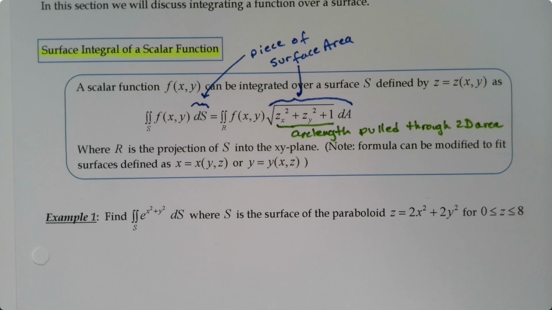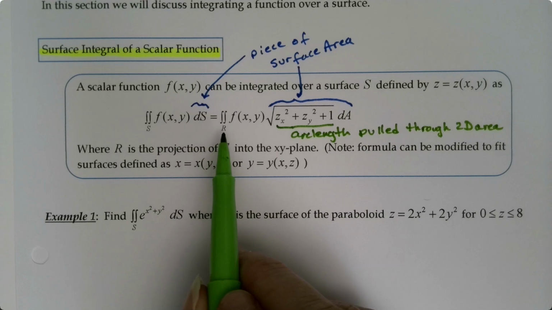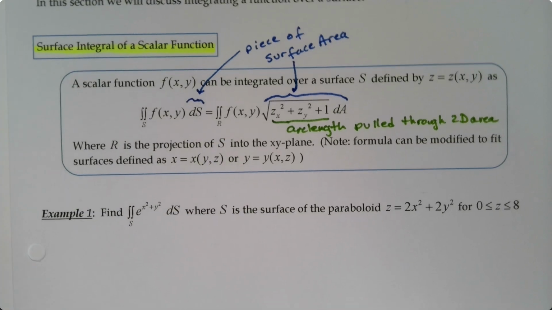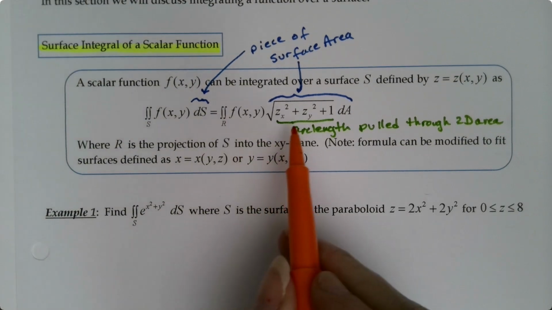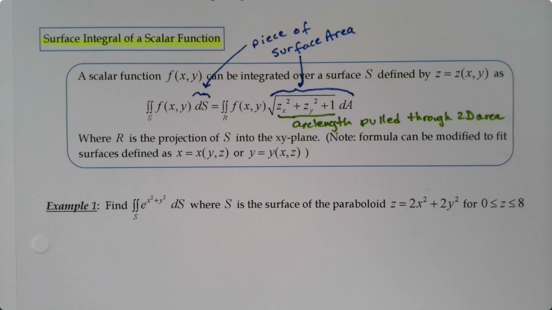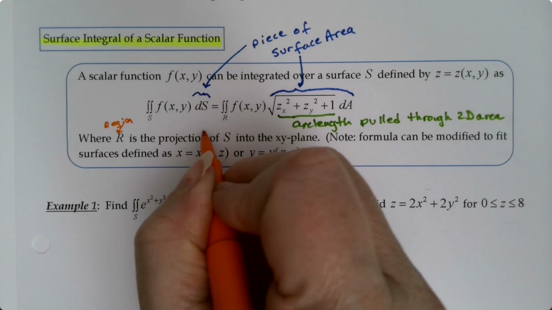All right, so R is the projection. So this R, that region of integration, is the projection of your surface onto the XY plane in this particular instance.